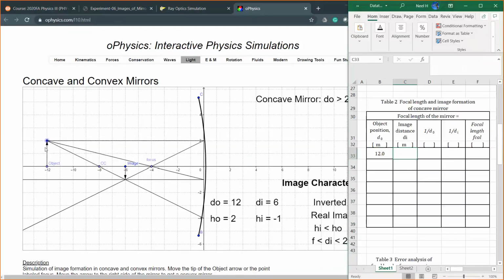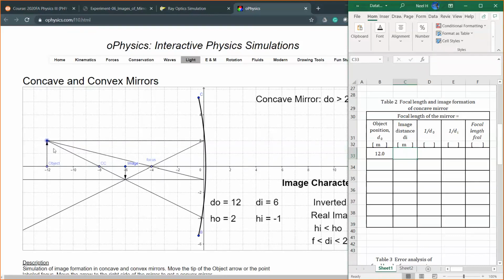When the object is at 12, we need, as I mentioned earlier, 2 standard rays to identify the image. Usually with spherical mirrors, there are 3 standard rays we use. One ray is the parallel ray coming from the object, parallel to the principal axis, which reflects and passes through exactly the focal point. For the other ray, we can do the opposite: a ray going towards the focal point, after it reflects, is parallel to the principal axis.